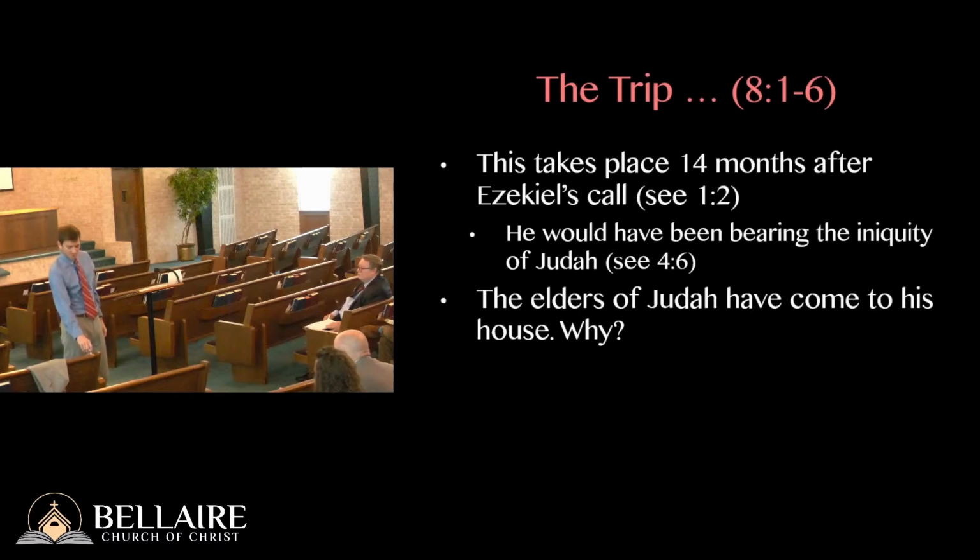Maybe they come to tell him to quit preaching. What would be some other possibilities? It doesn't tell us, so we can speculate. An explanation for his behavior, Jamie says, asking him, hey, what's going on, right?